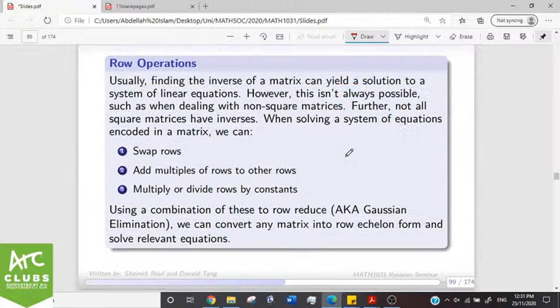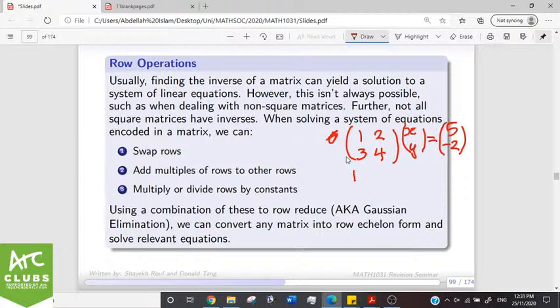Okay, so if we have like 1, 2, 3, 4, times x y, and we want to find x y, and if it equals like 5, -2, then we can consider 1, 2, 3, 4 with this -2, 5 on the side, and we can turn this into row echelon form, and it will solve for x and y.